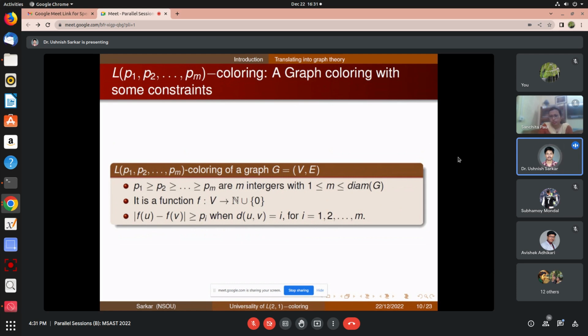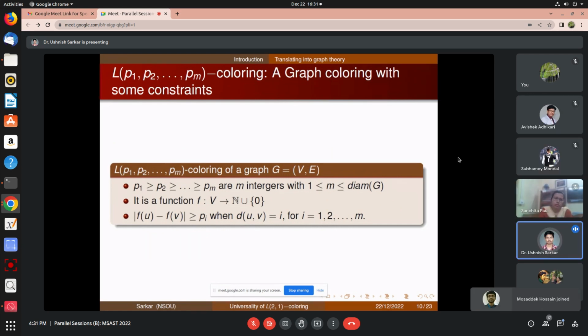Here is a more technical formalism. It is quite clear by now that not all graph colorings satisfy the conditions of the frequency assignment problem. Now, there is a certain kind of graph coloring problem, say L(p1, p2, ..., pm) coloring. As we can see in the slide, the first point is that p1, p2, ..., pm is a monotonically decreasing finite sequence. If this sequence is of length m, this means I don't have to bother regarding the interference after the distance m.